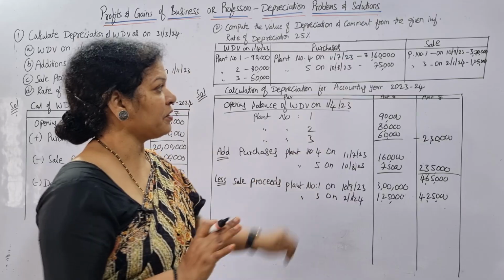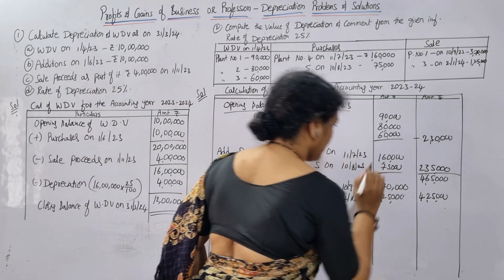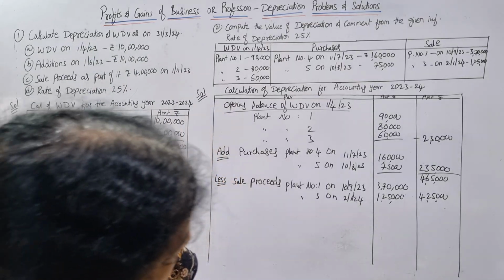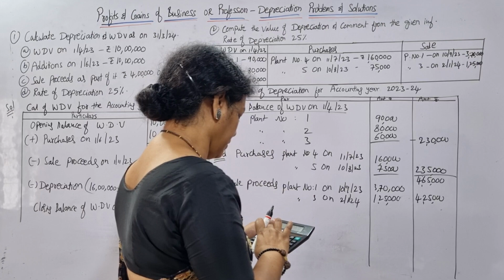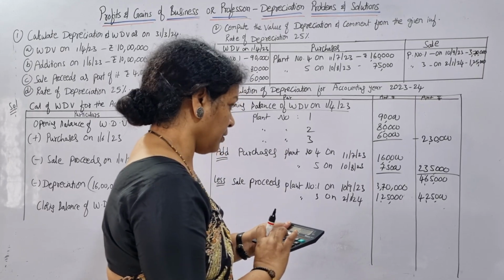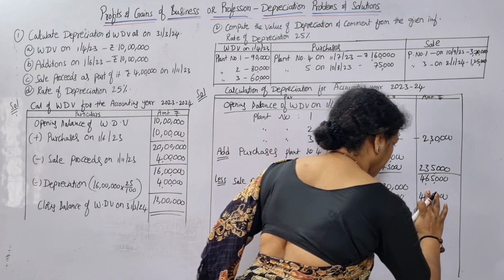So if you take 3,70,000, we see. Now we'll see the calculation. 3,70,000 plus 1,25,000. It is 4,95,000 we are getting.